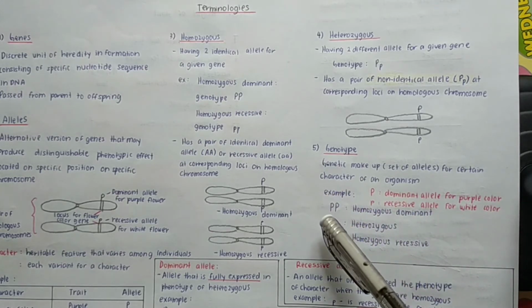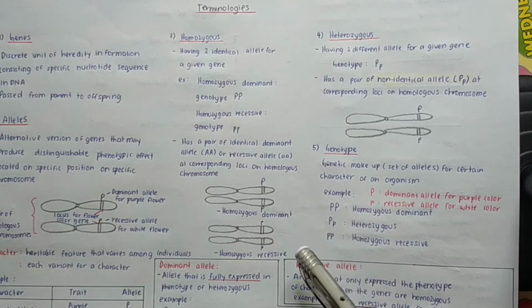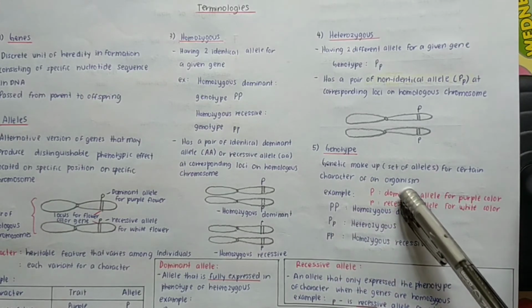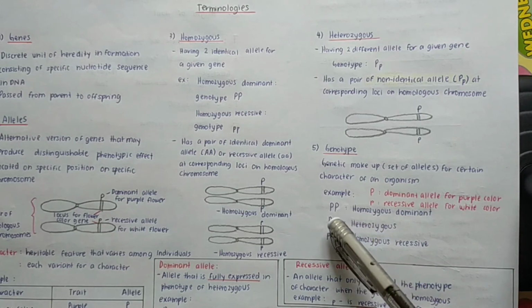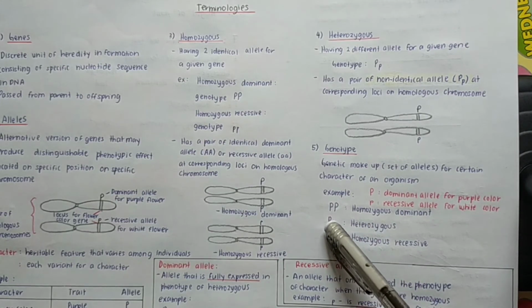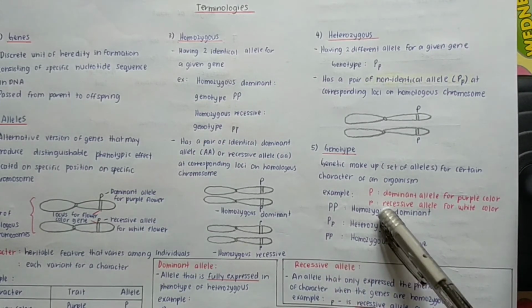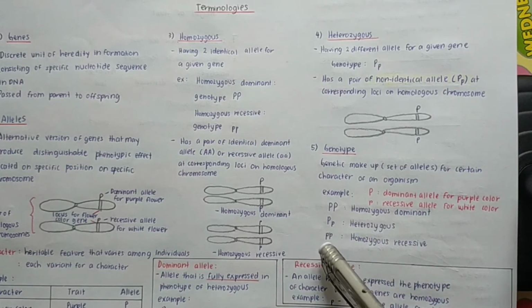So dalam keadaan pair of allele-nya adalah P besar, P besar, its genotype kita panggil sebagai homozygous dominant. Okay, kalau pair of allele ni adalah P besar P kecil like this, this one we call as heterozygous, and another one kalau pair of allele-nya adalah P kecil P kecil, this one kita panggil sebagai homozygous recessive.